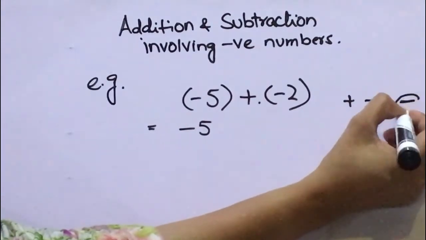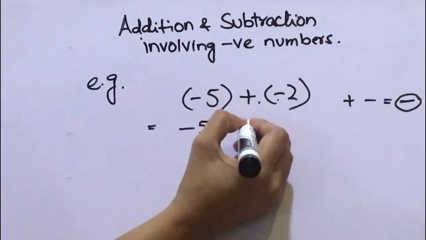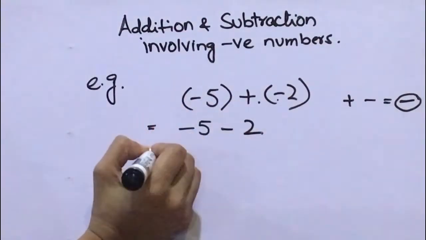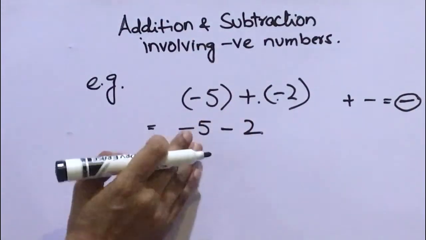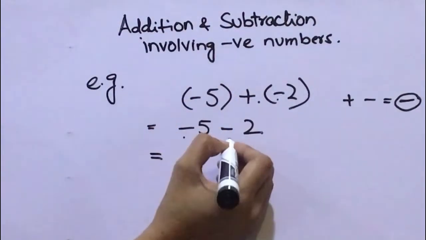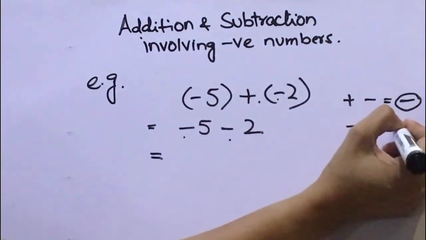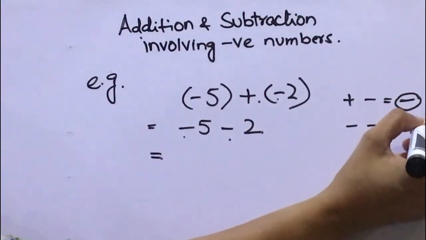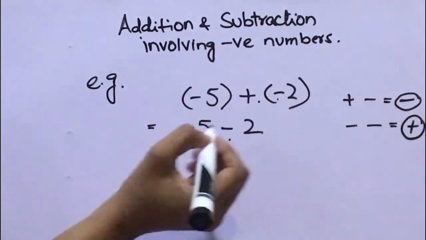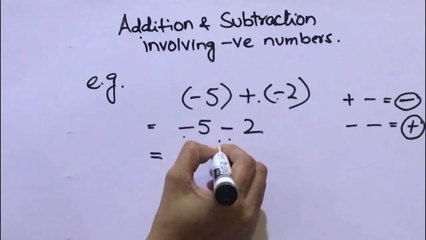So minus 5 minus 2. Now in the next step, minus and minus will collide with each other and operate like plus. So the operation would be addition. So when we add 5 and 2, it will become 7.